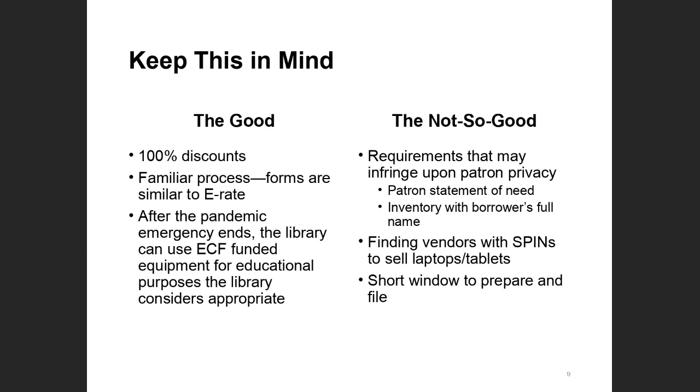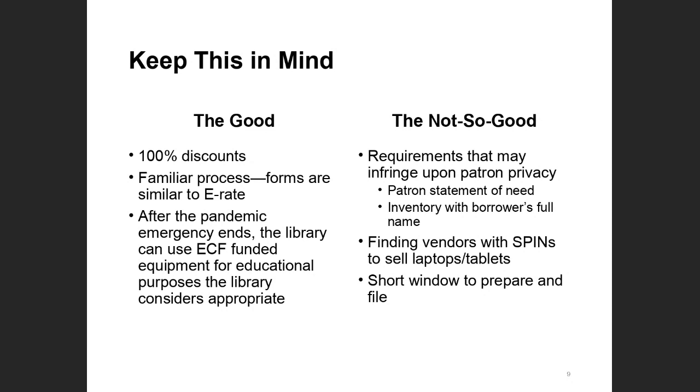Okay, and then there's just a few things I want you to keep in mind, kind of the good and the bad before we get too far into this presentation. So on the good side of the ECF, we're talking about 100% discounts. We're not used to getting that level of discounts from an FCC program, so that's pretty cool. Also, the process is going to be somewhat familiar for libraries that have already applied for E-rate because we'll be using modified versions of existing E-rate forms.